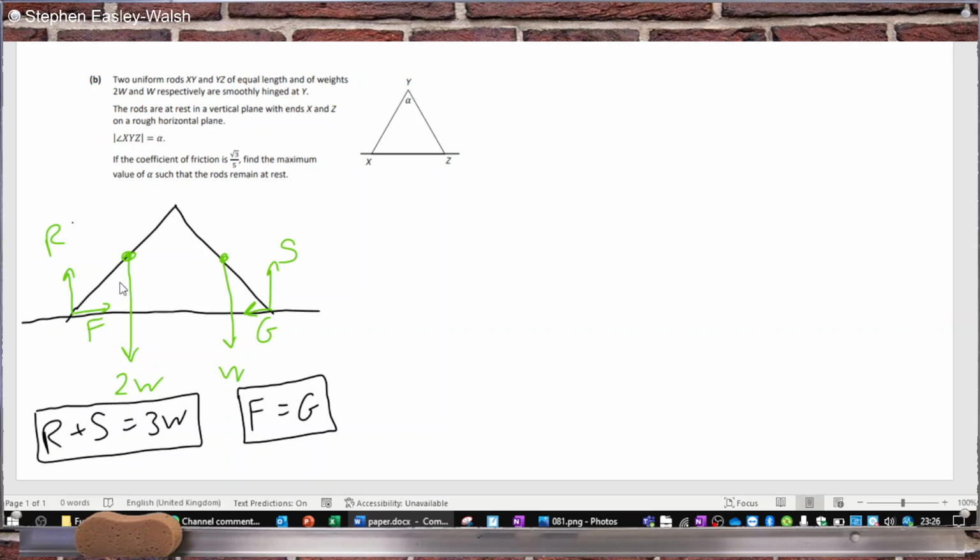Then I'd like to get the R and the S. That would be nice. So I need another equation, a turning force equation.